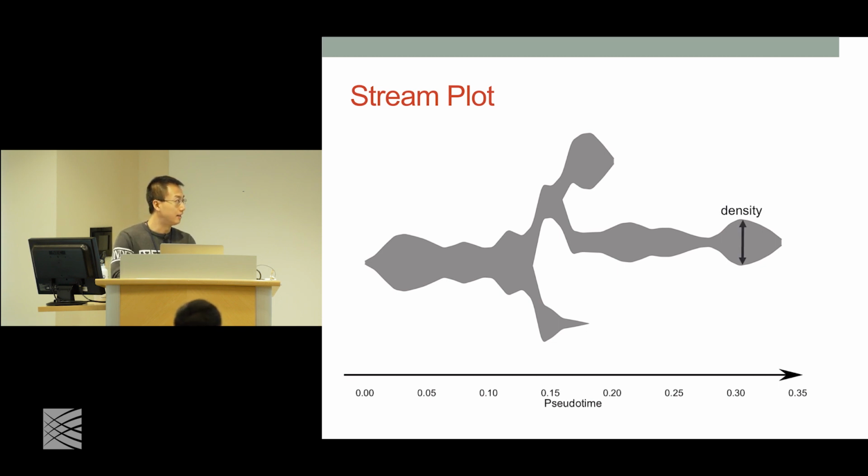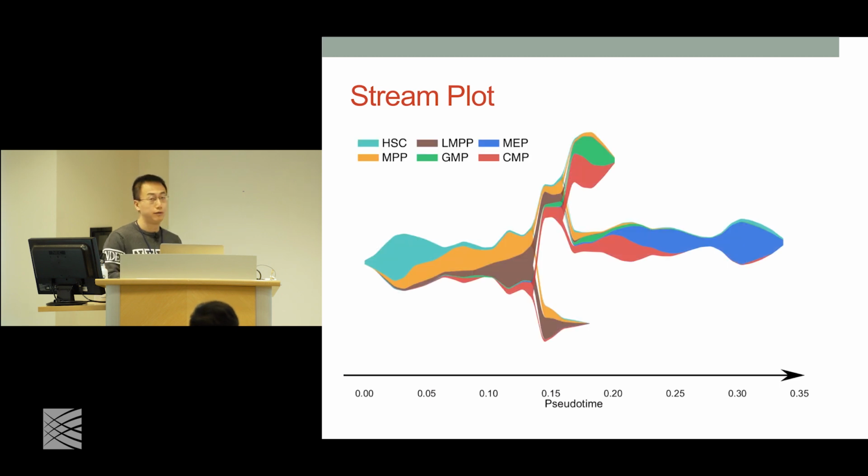Here the density is the width of the branch, which is proportional to the number of cells. Once we put back all of the annotations, we can easily keep track of all of the different cell types, and we can also see how the composition of different cell types changes during the differentiation.